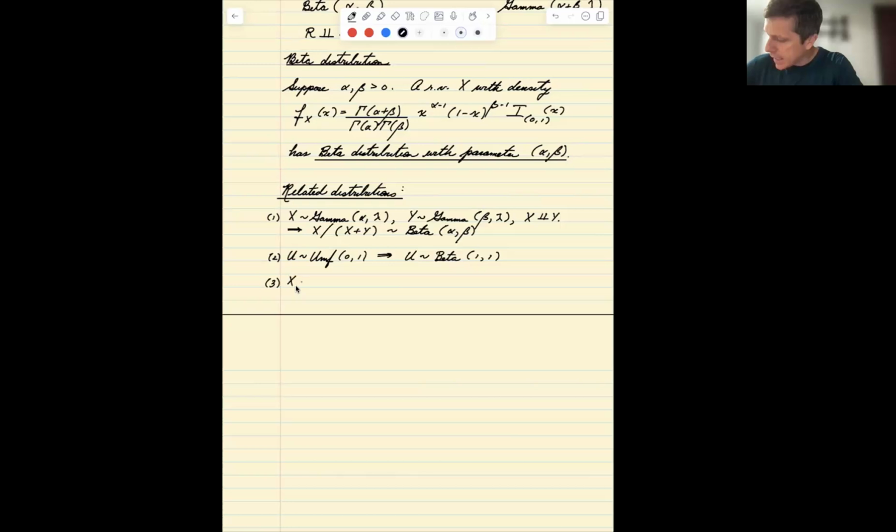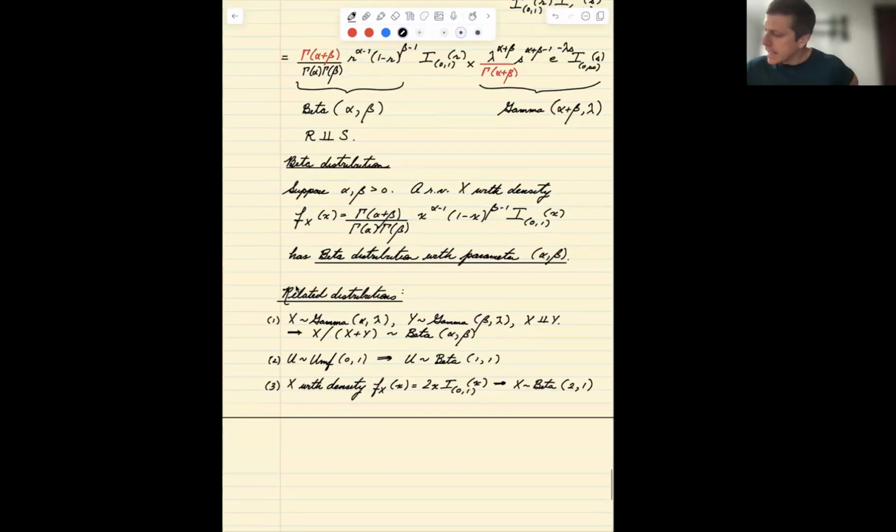Okay, if you let X have a density given by 2x on the unit interval, so it's linear in x with the normalizing constant 2, this corresponds to the beta distribution with parameters 2, 1, right?